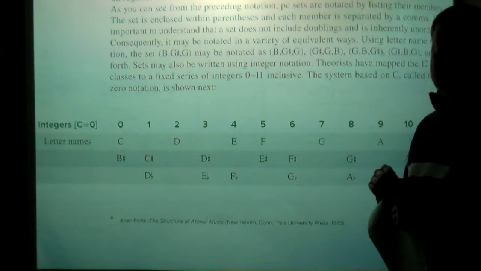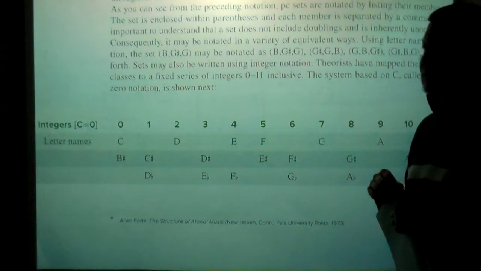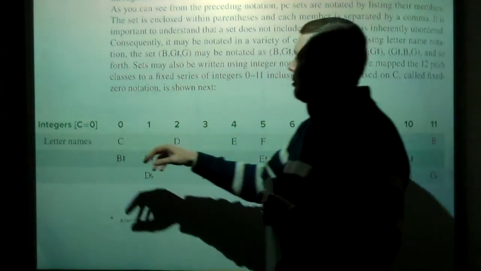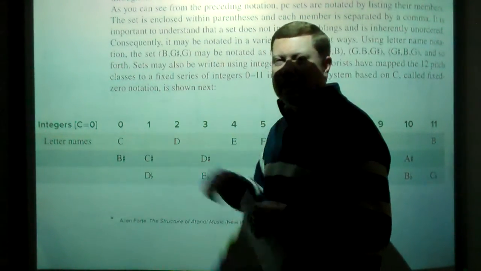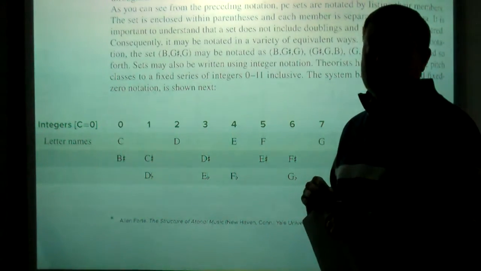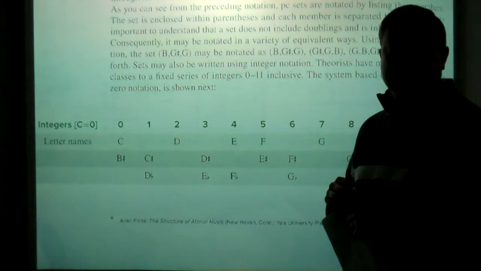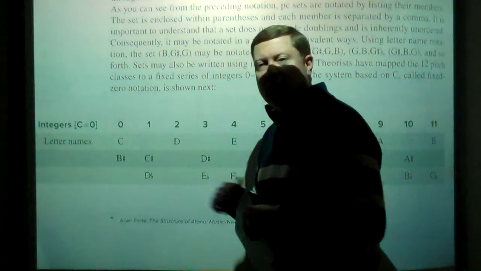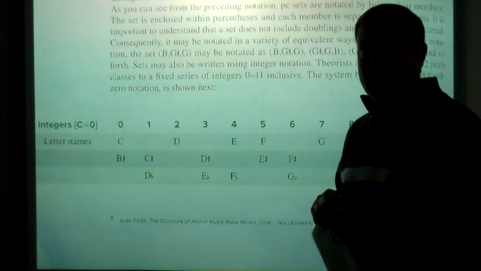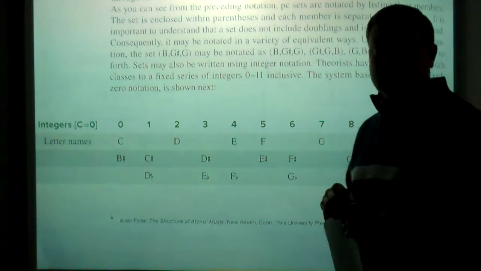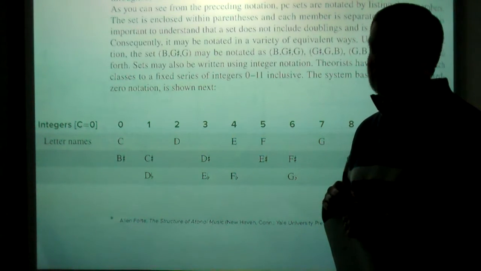As long as the pitch sounds the same, the pitches belong to one and the same pitch class. So for example, with pitch class 0, C, any C on the keyboard belongs to pitch class 0. And B sharp, any B sharp on the keyboard is also going to belong to the same pitch class 0.